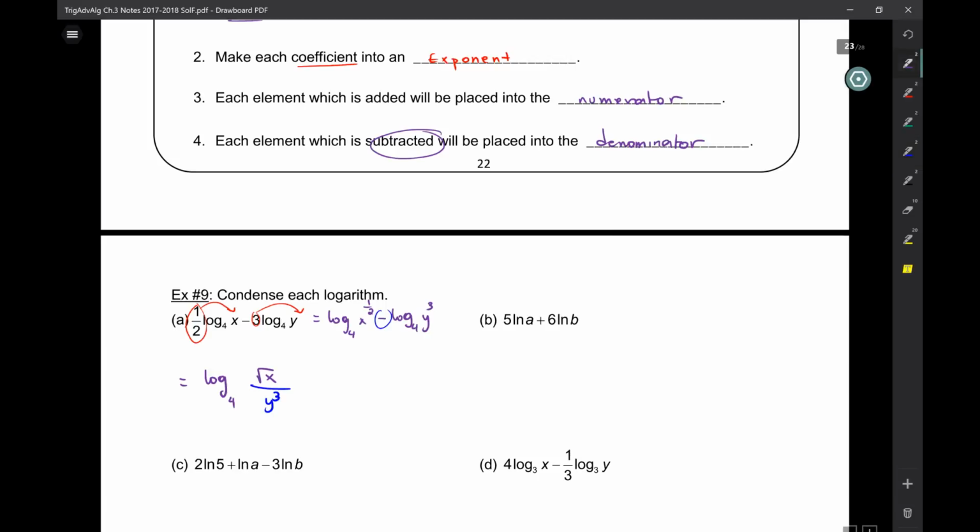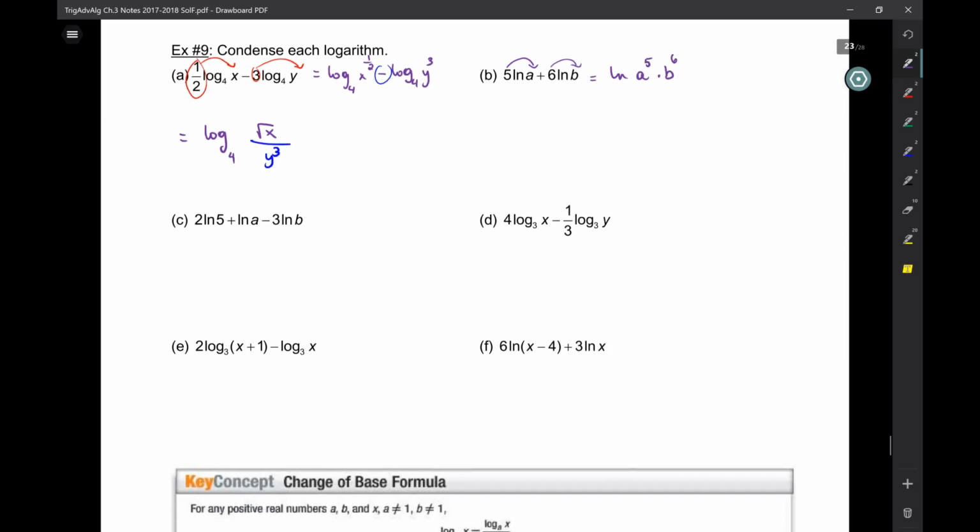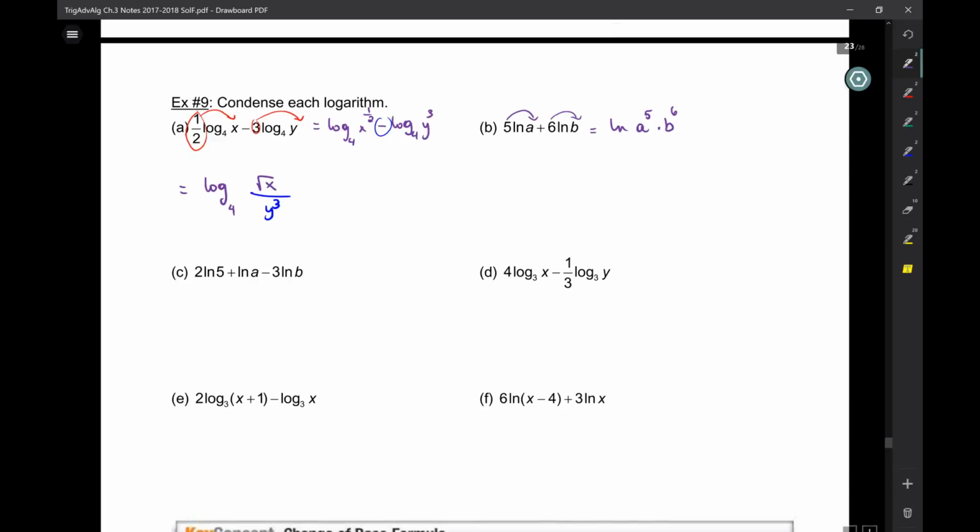So the next one then, what do you think it'll be? Right, so you'll have one ln. A to the 5th stays on top. B to the 6th also stays on top. That's it. Next. So you don't have to write ln again.